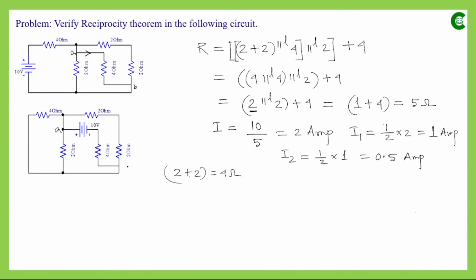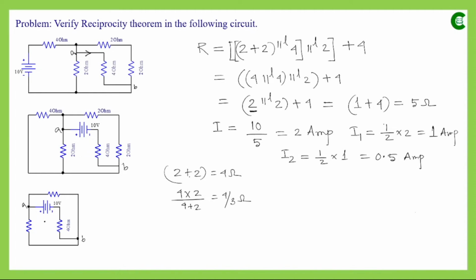If I again say that these two terminals are A and B, then between A and B, this 2 ohm resistor and this 4 ohm resistor are connected in parallel. So their equivalent resistance will be 4 multiplied by 2 divided by 4 plus 2, that means it will be 4 by 3 ohm.